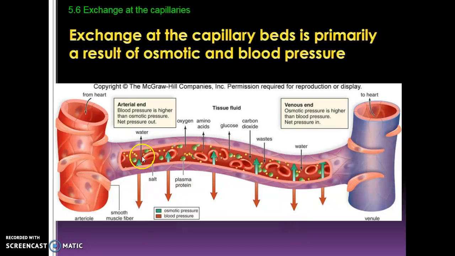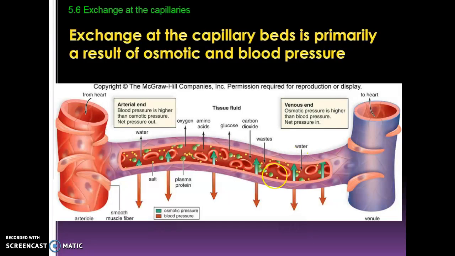And it's going out both ways, water goes out, and then what's going in? Waste material. Water is going back in from the tissue.